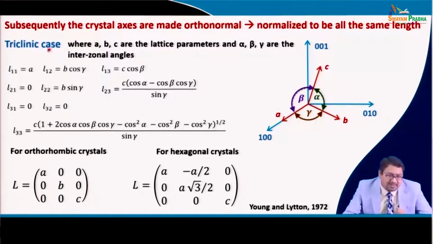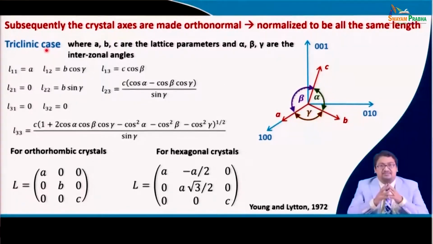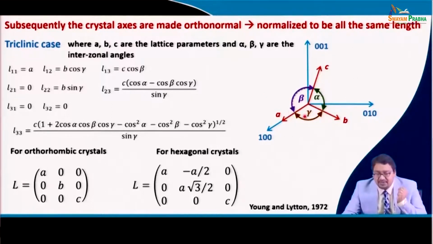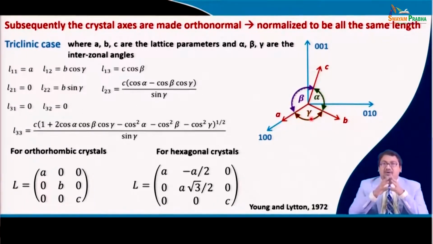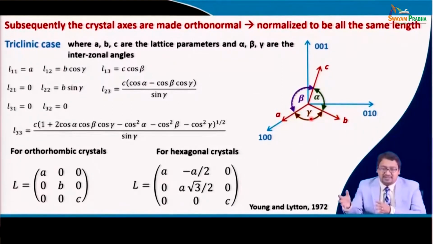So, if we take a triclinic system, you have to see the schematic, where A, B and C are not of equal length, and the angles between them, alpha, beta and gamma, are also not equal angles, right. Now, this has to be converted into an orthonormal system with lattice parameters normalized to the same length, and the angles have to be 90 degrees.